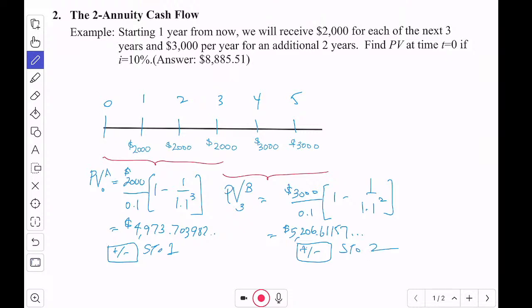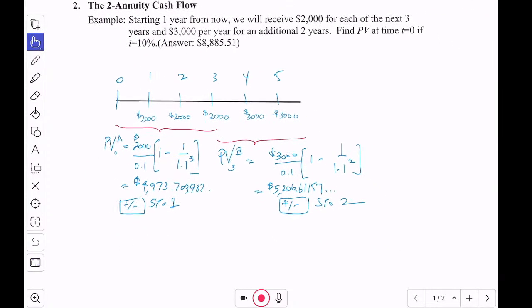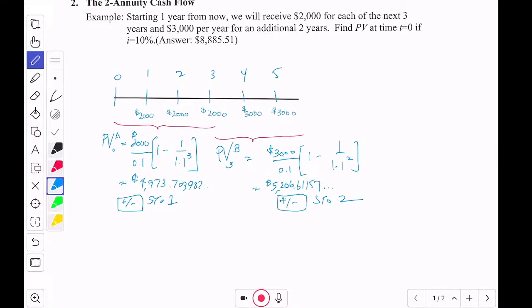And I have to write it on my page because I might forget. Now what? Am I done? No, because I need the value of this amount over here. So this is now a lump sum of $5,000, and I want to get the value at time 0 of this amount.